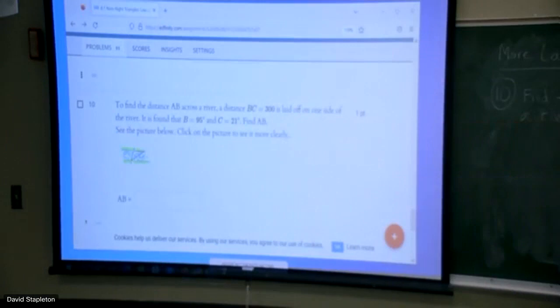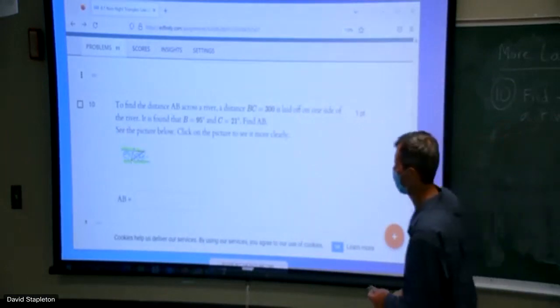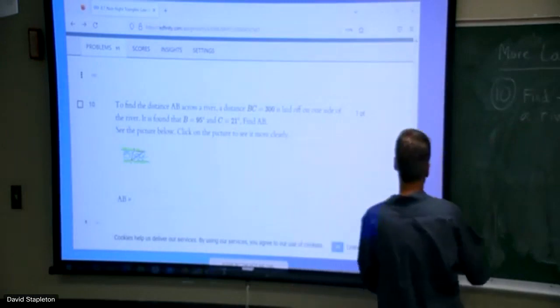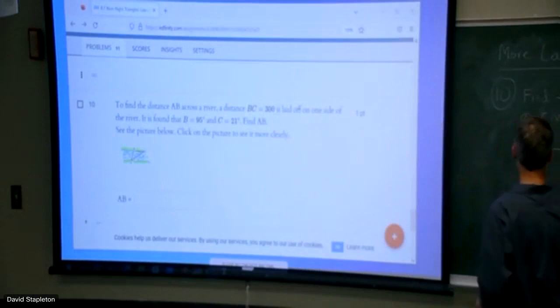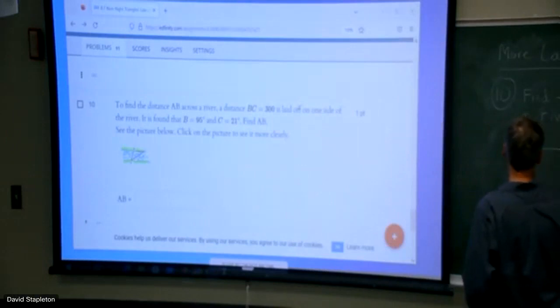So let's use this diagram. It's hard to see, but let's just do it here. B, C, A, and the river's flowing down here.